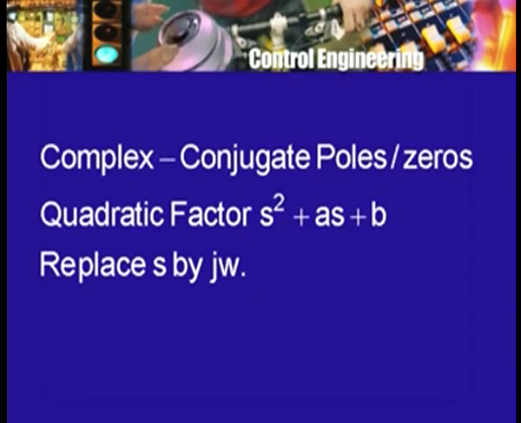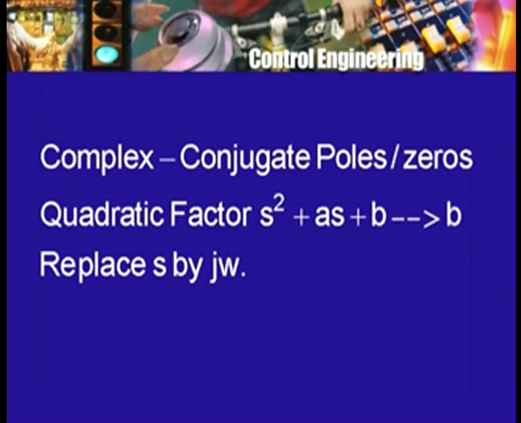At the DC end, or towards the low frequency end, since we are replacing s by j omega and omega is small, this is nearly equal to b and therefore nearly equal to a constant. As a result, the low frequency asymptote is just a horizontal line, that is, a constant gain line.